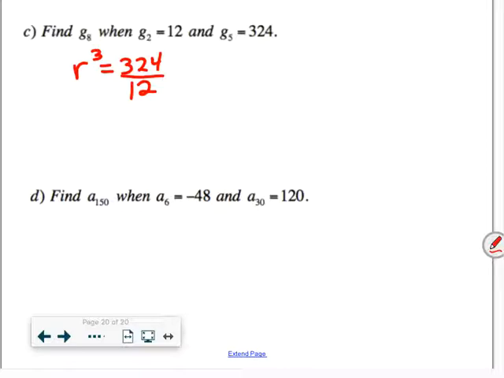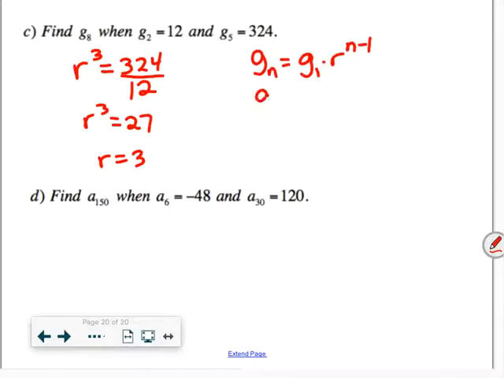All right, I'm going to go ahead and start letter C. 324 divided by 12, that was 3 common ratios, so that's R cubed. R cubed is 27, so R is 3. Now, I like to play the what do I know game, and I've got G sub 2, and this would be 3 to the 2 minus 1.